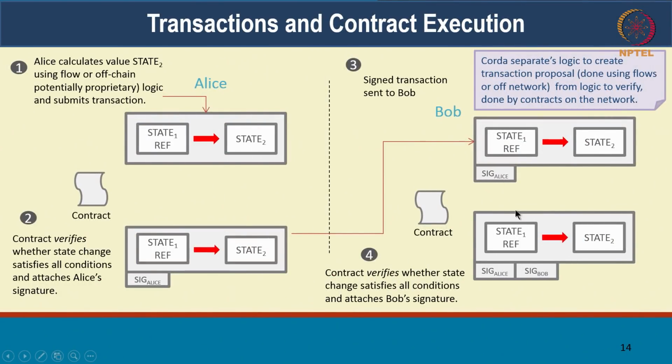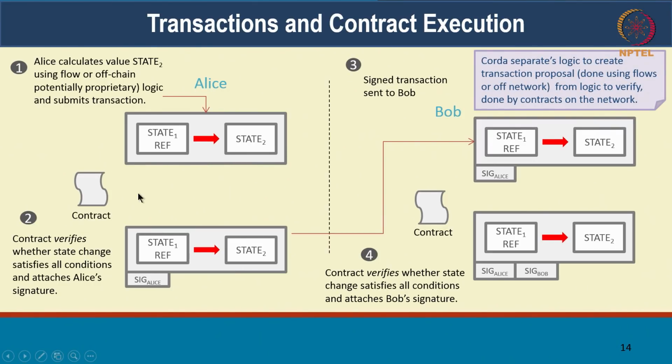So let's just work through an example of how a transaction and contract execution will work. So let's say this is a transaction between two parties, Alice and Bob, right? Alice first executes the transaction, it calculates the state value, so it calculates state 2 using a flow. So we'll talk about transaction flows in just a little bit. So it's going to execute this logic and it's going to submit a transaction.